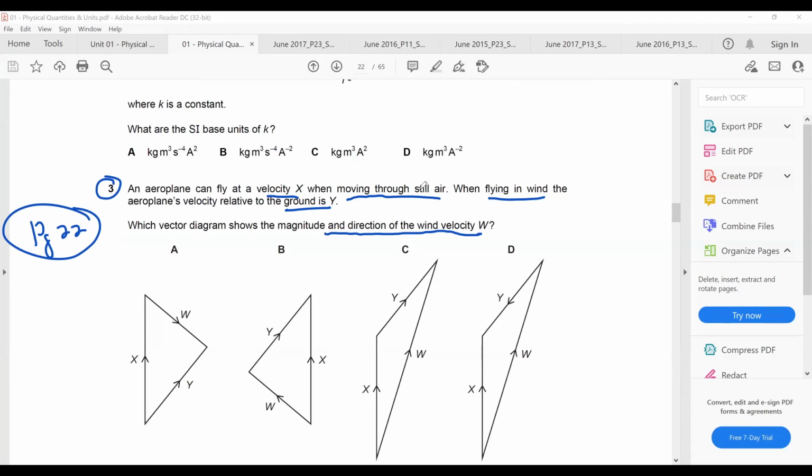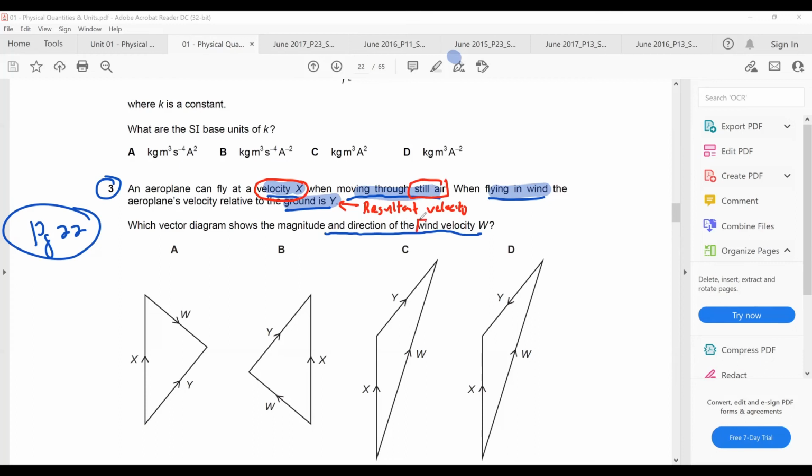Okay. Now this aeroplane is flying with velocity x when moving through still air. But when it encounters wind, it's now flying with velocity y. This is kind of like the resultant velocity. You first have velocity x of your aeroplane when it is moving in still air.